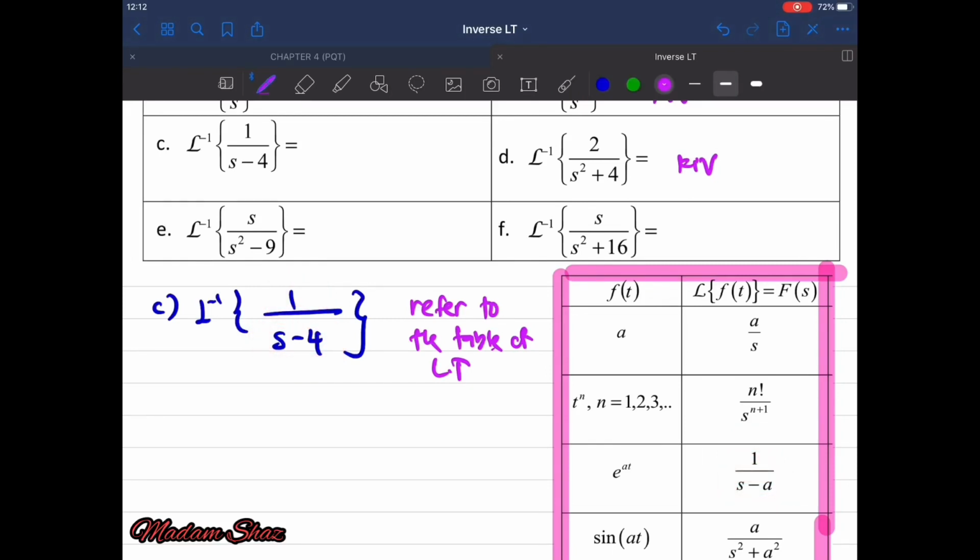From here you have to determine the value of a. If our question is s minus 4, our a is equal to 4.